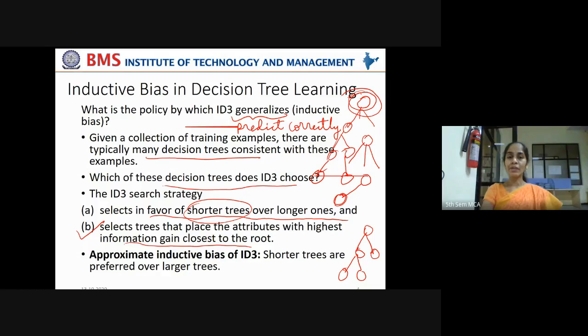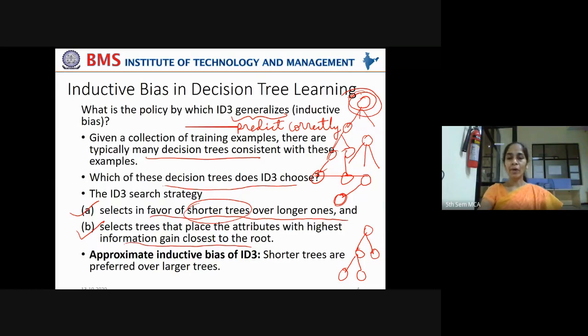The attribute having the highest information gain, if placed at the root node, will give better classification and result in less complex decision trees. Okay, so these are the two strategies followed by the ID3 algorithm in order to keep its optimal decision tree as simple as possible.